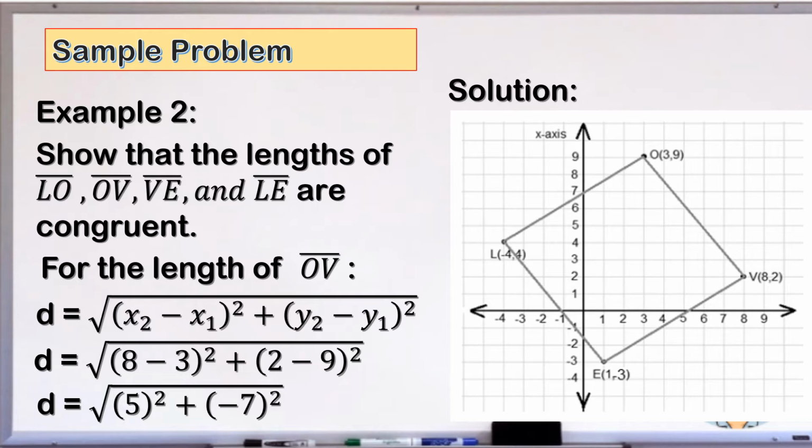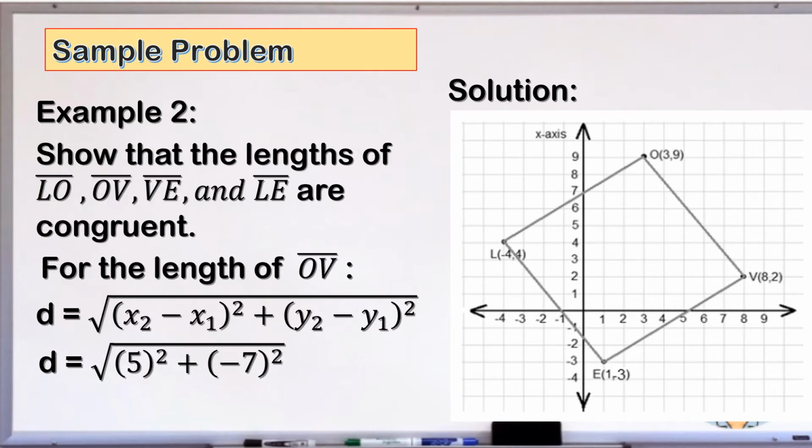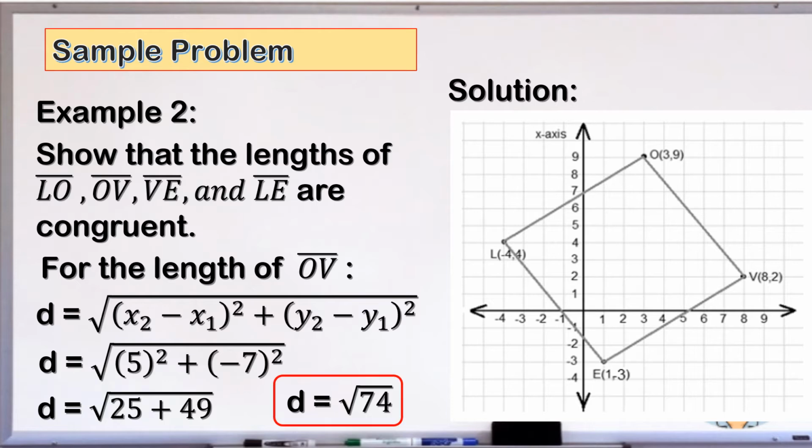And that is equal to the square root of 5 squared plus negative 7 squared. So to continue, we have the square root of 25 plus 49, which is also equal to the square root of 74. It means the length of segment OV is also equal to the square root of 74 units.